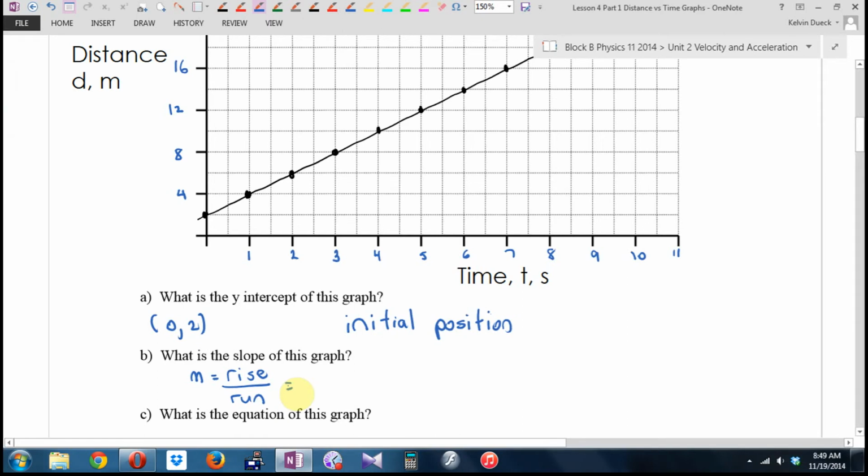Here's a classic mistake. I see far too many kids go, oh, the rise is 1, the run is 2. What they've done is they've counted squares. But is each square worth 1 necessarily? You have to look at your scale.